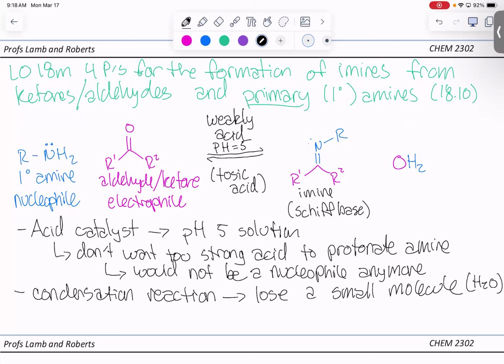So it's kind of easy to remember, right? You have condensation on your car in the morning when it's cold, and that's water. So condensation can be loss of any small molecule, but we often see water as our small molecule. Of course, I drew equilibrium arrows under our reaction, and so we can drive our reaction forward by removing water.